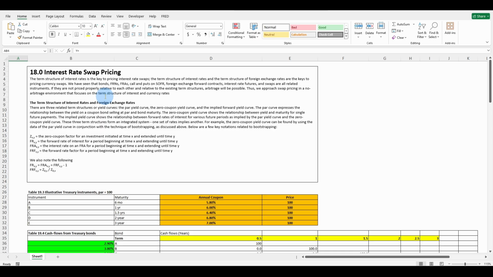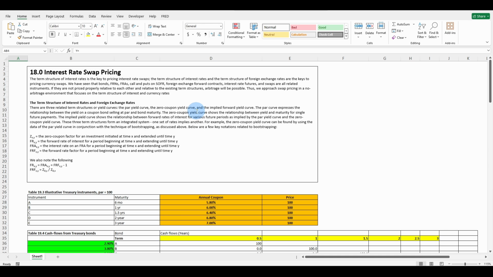There are 3 related term structures or yield curves. We have the par yield curve, the zero coupon yield curve, and the implied forward yield curve. The par curve expresses the relationship between the yield on a coupon bond selling at par and bond maturity.